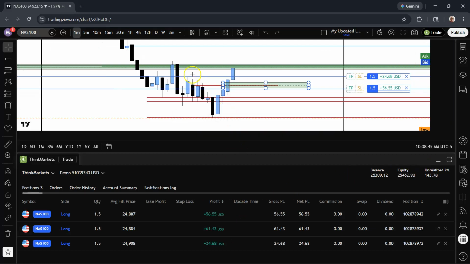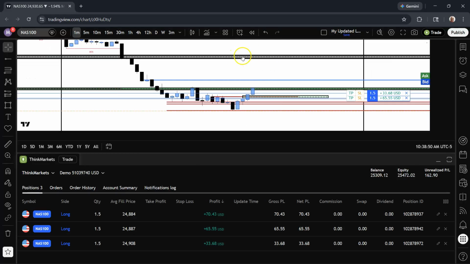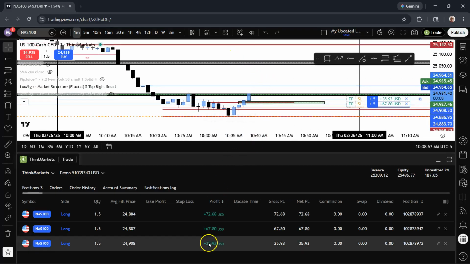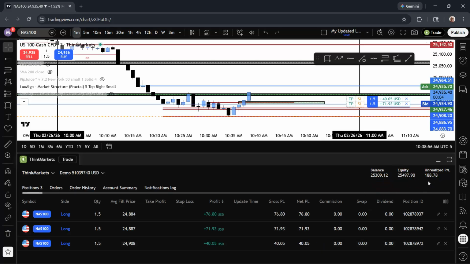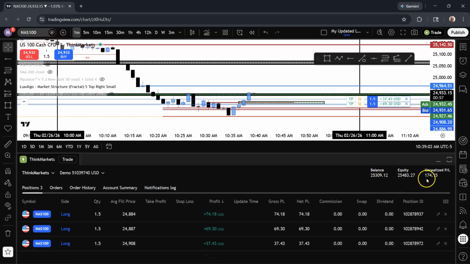That's good because the market needs to come back to these areas up here, which is excellent. So I'm sitting pretty, not only making my money back, but I placed another trade in. So I'm up 180 bucks, back up to past 500.